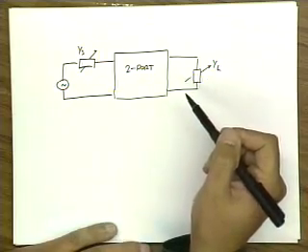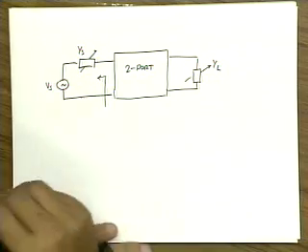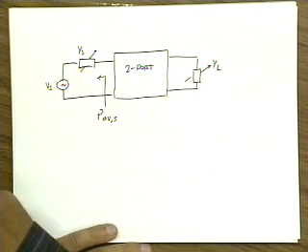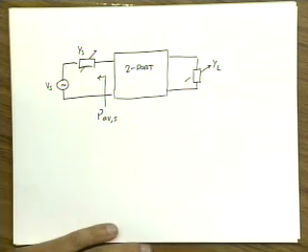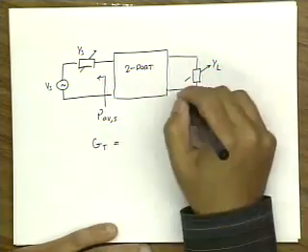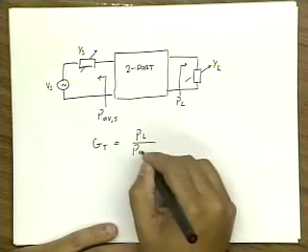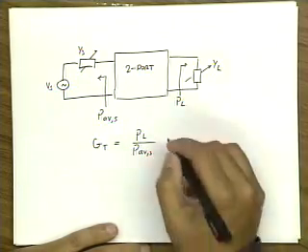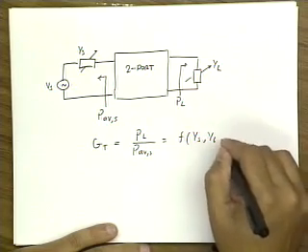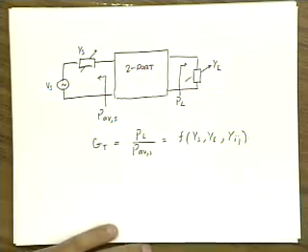The observation from last lecture was that the maximum power that you can transfer from the source is the power available from the source, from the maximum power transfer theorem. The transducer gain is the power flowing into the load divided by the power available from the source. We derived last lecture that this is a function of both the source and load admittance and the 2-port parameters of our network.